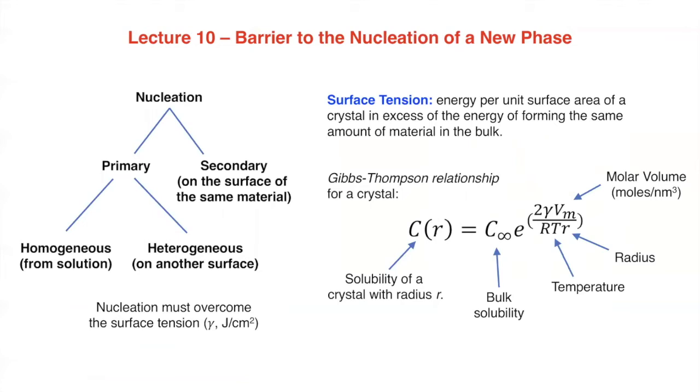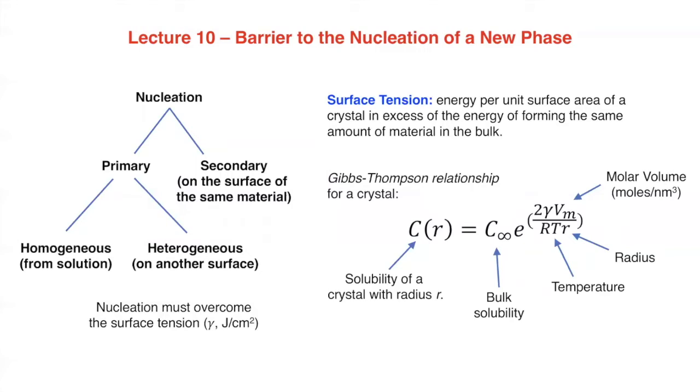When growing a crystal or forming a snowflake or a bubble or a droplet, you have to overcome surface tension. Surface tension is an energetic quantity that tells you the amount of energy per unit area of a crystal or a droplet or a bubble, in excess of forming the same amount of material in the bulk.